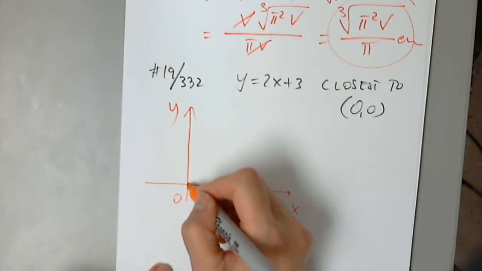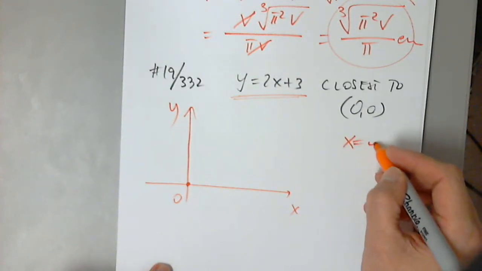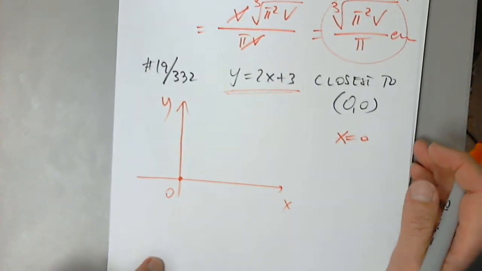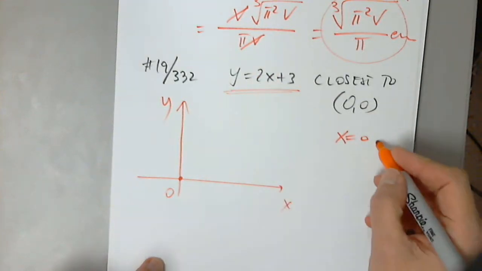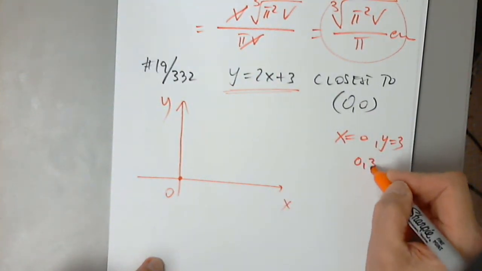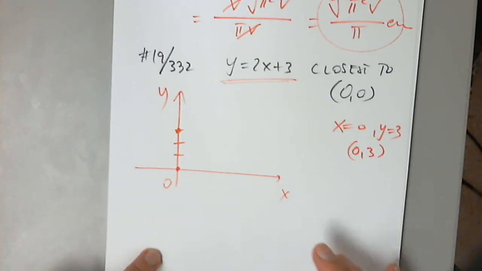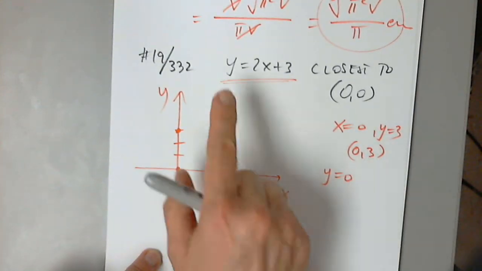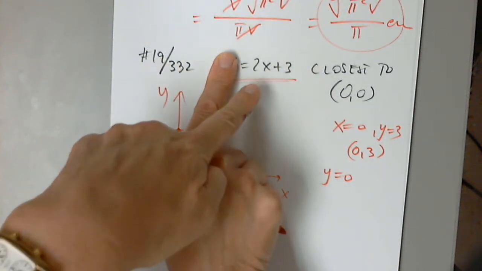That's the origin, of course. And now we want to graph this. We will always use x and y intercepts. When x is 0, how much is y? So 0, 3. And now when y is 0, I move 3 to the other side, and I divide by 2.